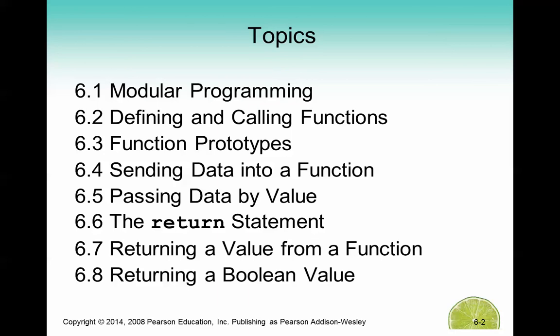We learned how to send data. In the calling, we use the name arguments, and in the function header, we use the name parameters to send and to receive. And what we're sending is a copy of the data. That's why we call it passing data by value.